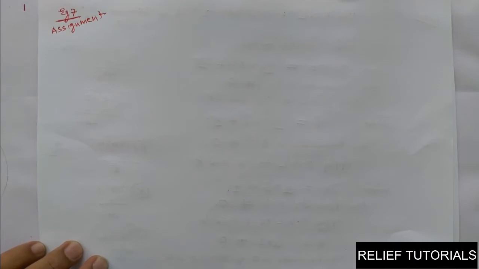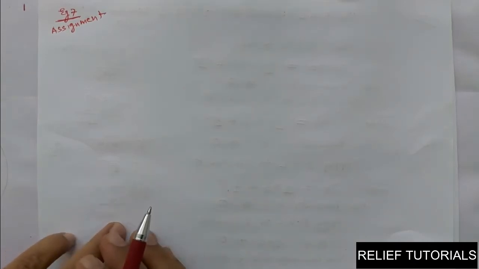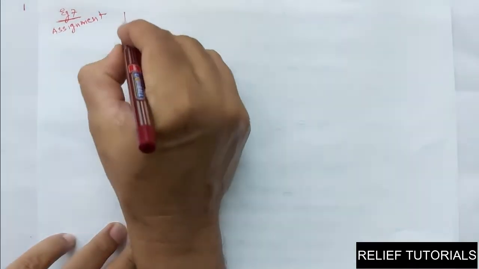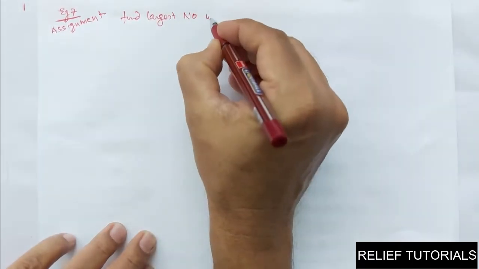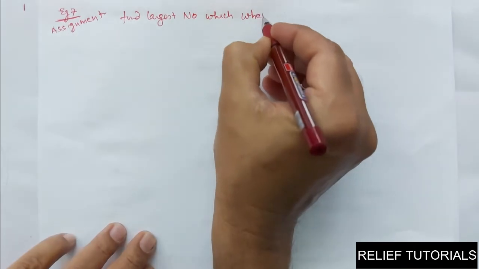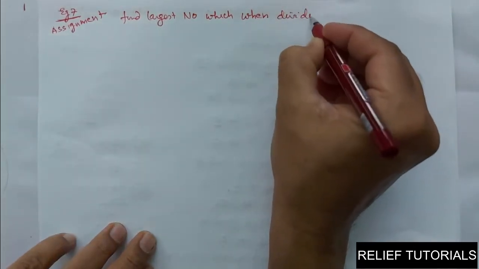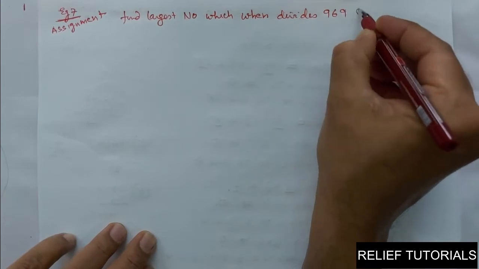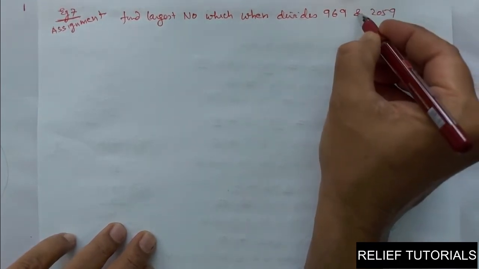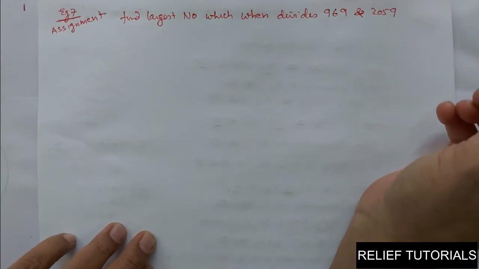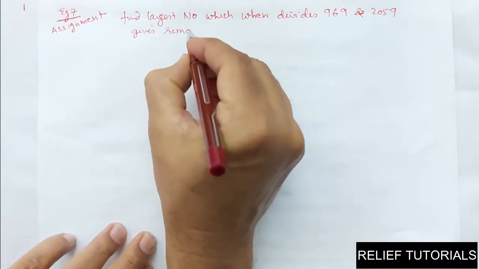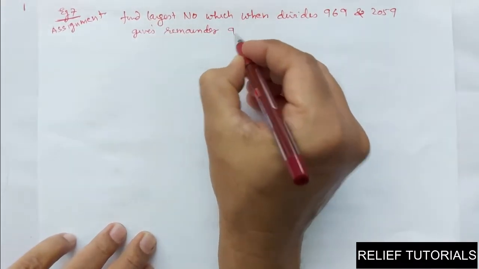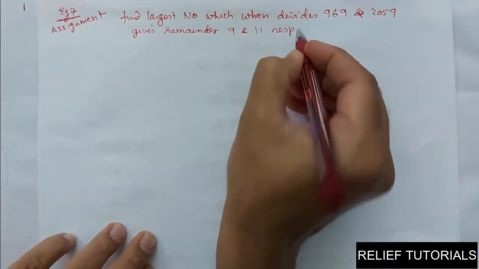Clear. What is given? By using Euclid division algorithm, find the largest number which when divides 969 and 2059 gives remainder 9 and 11 respectively.